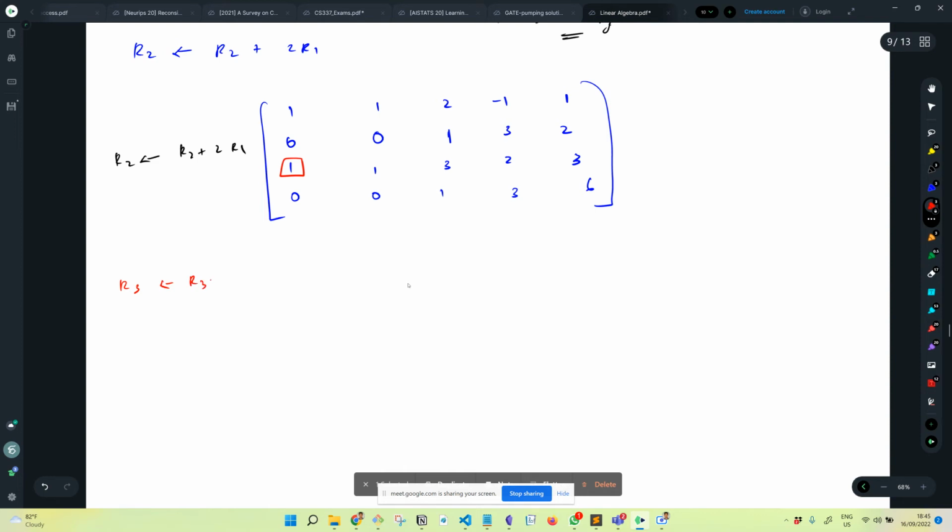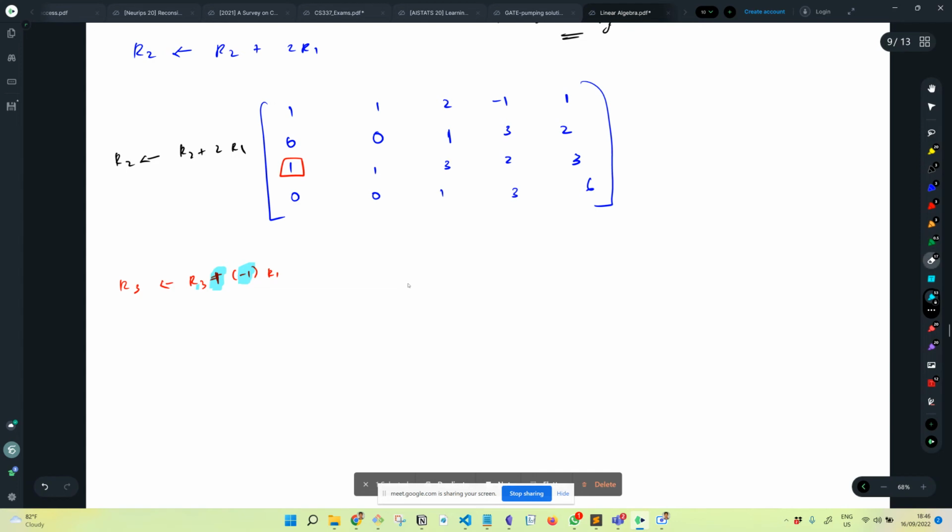Yeah, R3 equals R3 minus R1. Or to stick to this notation, I can write R3 equals R3 plus minus 1 times R1. I always want the equation to be in this form: Ri equals Ri plus some alpha times Rj. So here alpha equals minus 1.